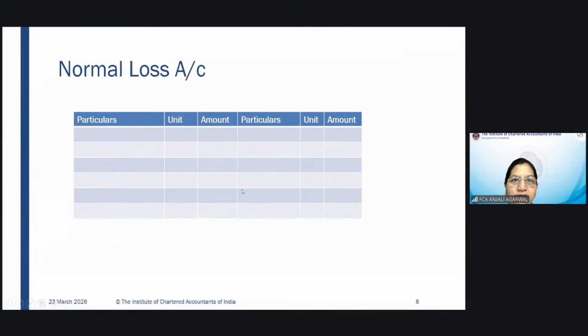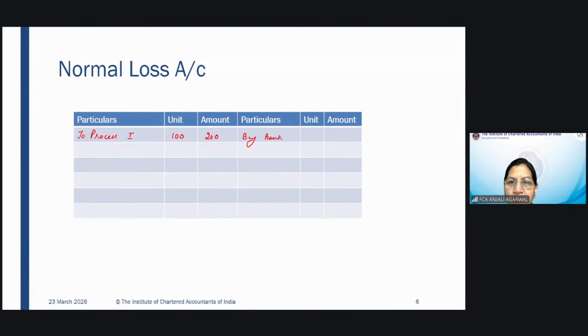So let us first look at the normal loss account. How do you prepare the normal loss account? By looking at the entry in the previous process account, you will have here to process 1. There were 100 units of normal loss, which was supposed to be sold at 200. So you will sell these units now by bank.